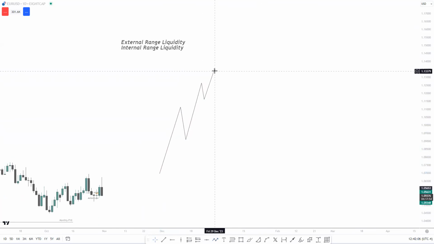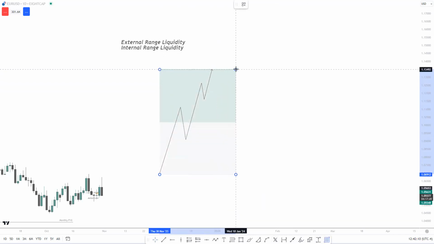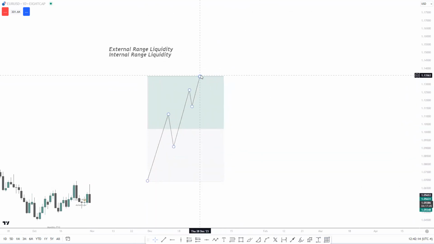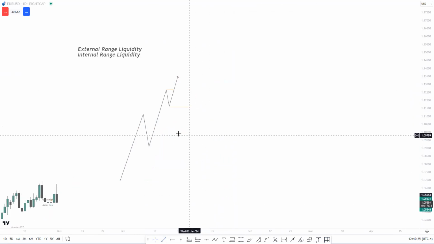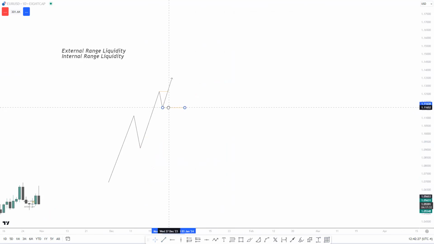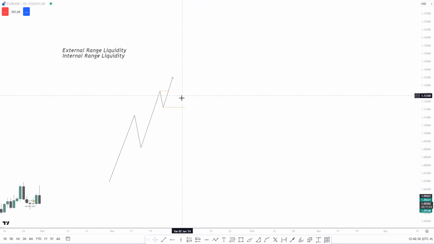This is our range, from this low to this high. From here to here, it's a different range. This from here to here is also a range, but on the lower time frame.